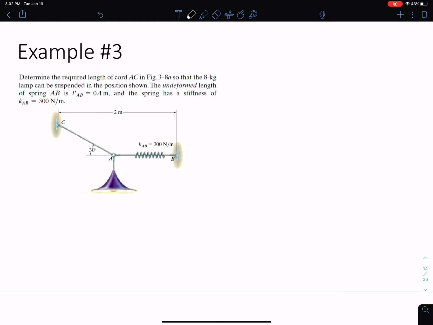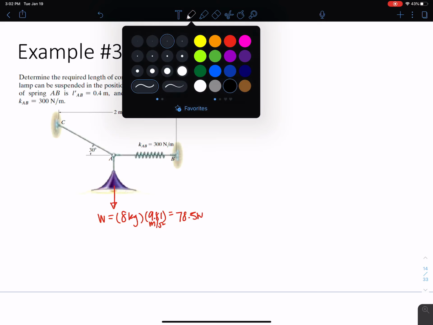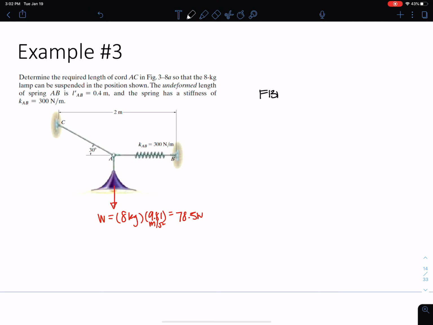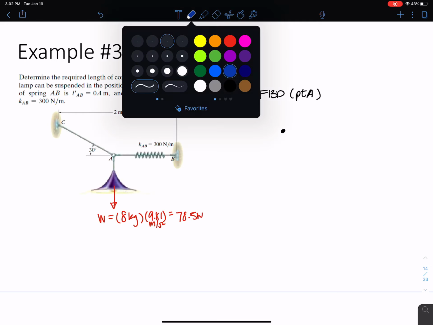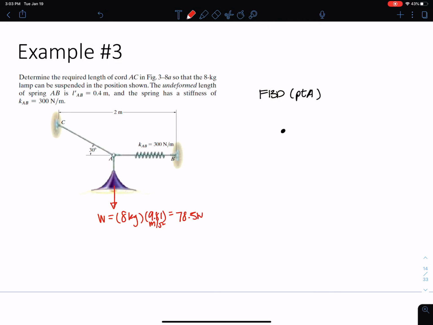So I basically know that the lamp's weight is 8 kilograms times 9.81 meters per second squared, and I would get 78.5 newtons. So I'm going to directly go ahead and draw the FBD of the particle at point A. And I know that that force is going to be pulling down the same weight, which is 78.5 newtons.